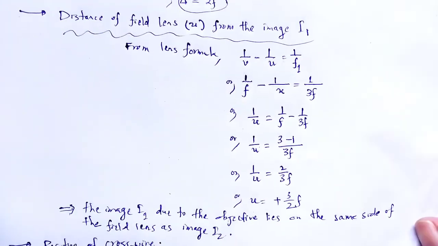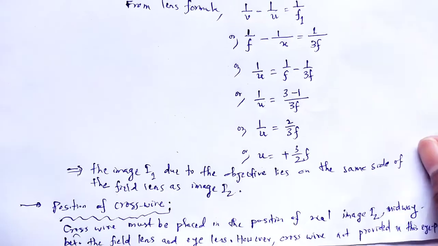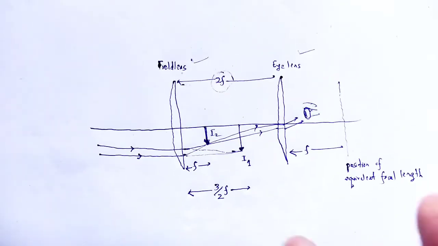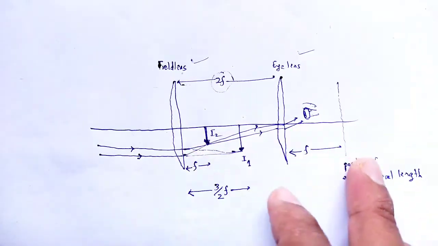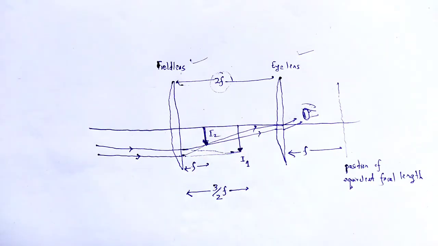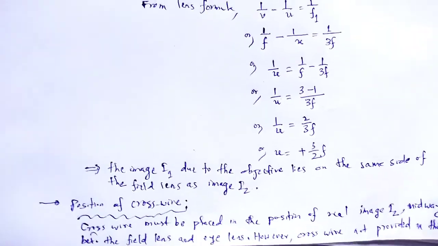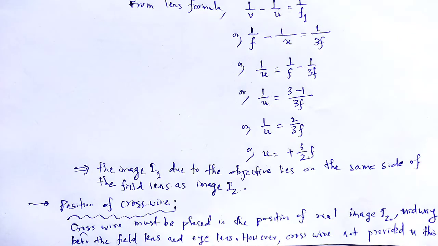Next, calculating the equivalent focal length. What should be the equivalent focal length due to these two lenses? That equivalent focal length can be calculated by using the concept of system matrix.